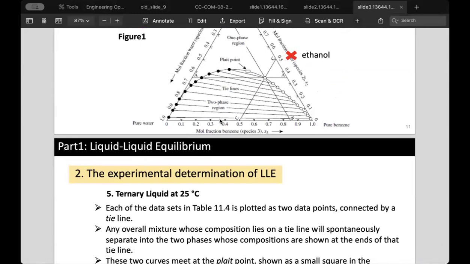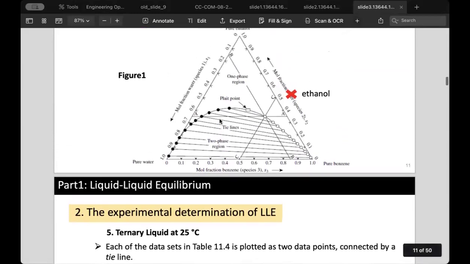First, we have two regions. One is for single phase, and the second one is for two phase. The question is, what happens if the temperature changes? If we increase or decrease the temperature, what is going to happen to the shape of this curve?